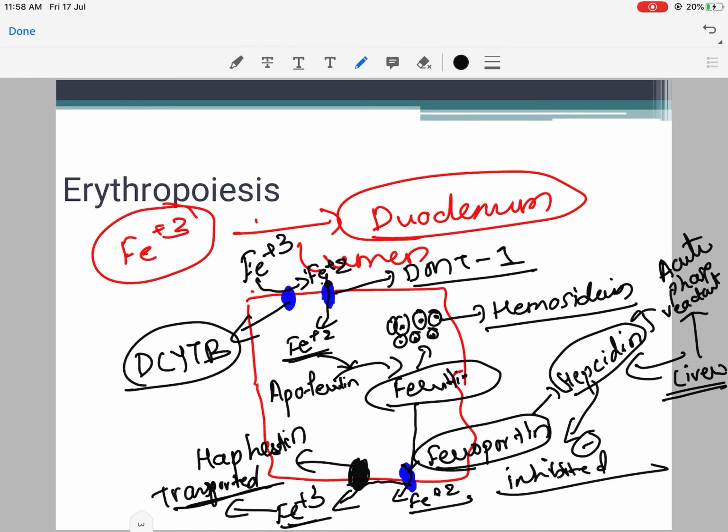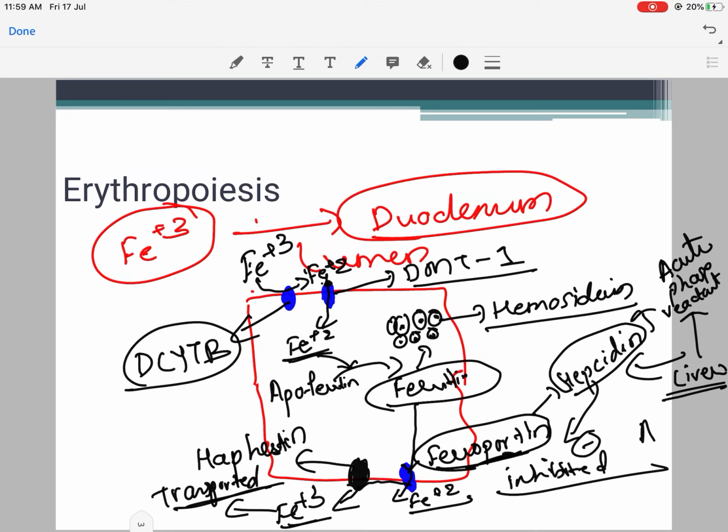So anything which causes an increase in hepcidin levels, such as a chronic inflammatory disease like rheumatoid arthritis or SLE, or tuberculosis, increases the hepcidin levels because it is an acute phase reactant. So hepcidin inhibits ferroportin, and when it inhibits ferroportin, the iron absorption is inhibited.